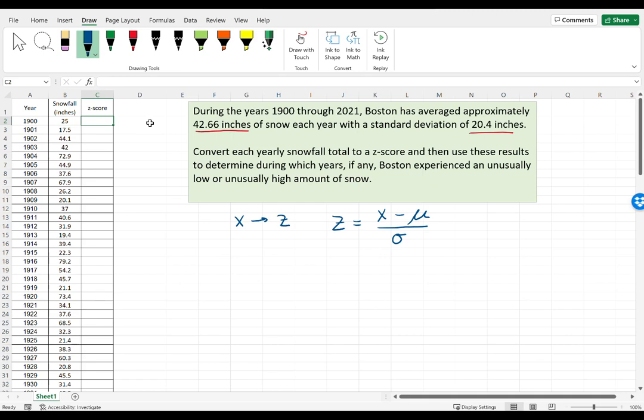Just for order of operations sake, I'm going to put parentheses because we want the subtraction to happen first before the division.